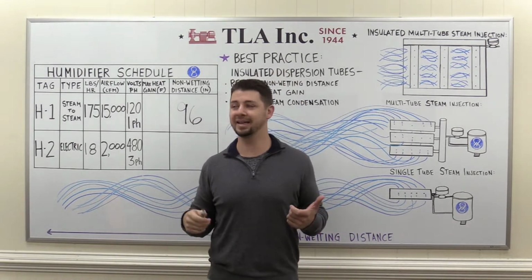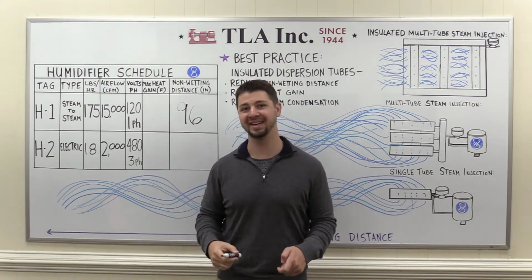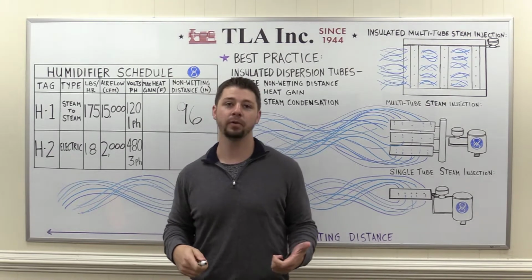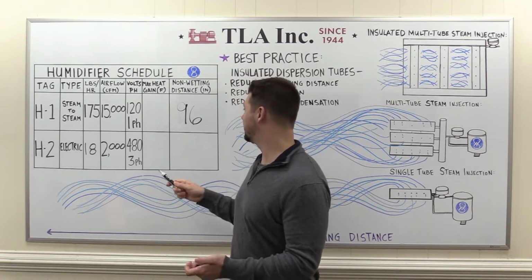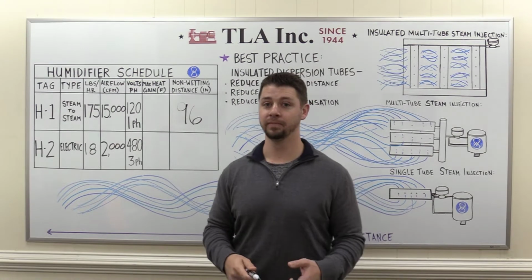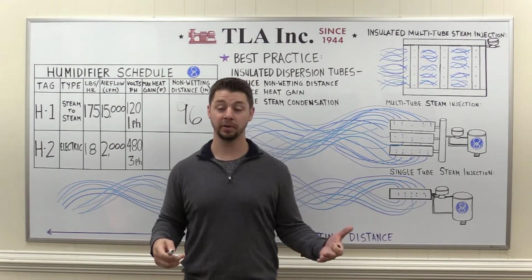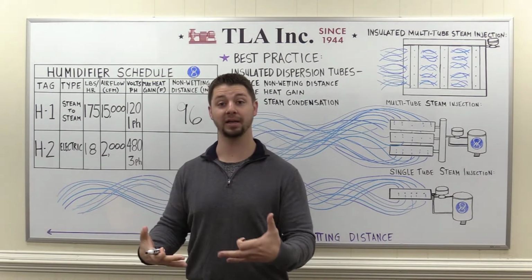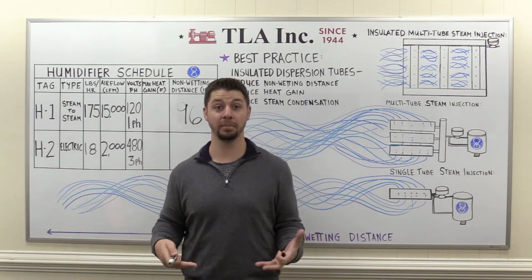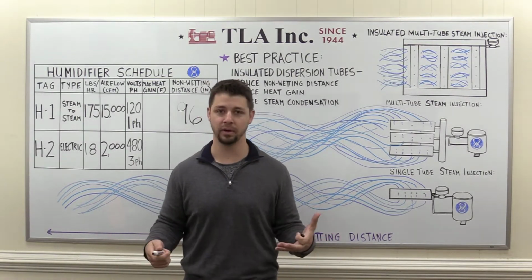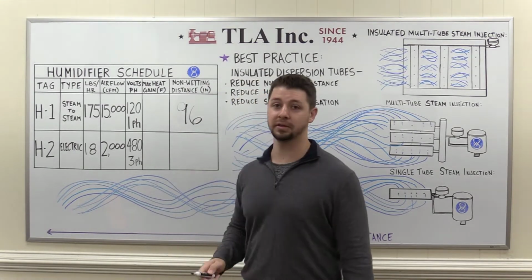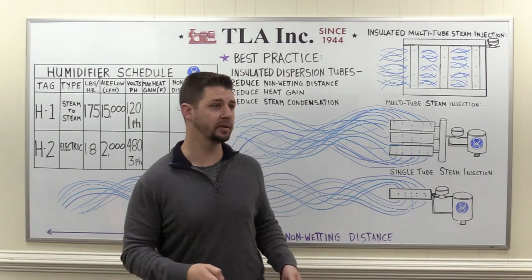The key is, I think it's more intuitive when we say non-wetting, because if you were to say, okay, my non-wetting distance is 96 inches, and we have a duct turn 3 feet after dispersion, well, guess what? We're going to start raining inside of that duct, and we start making a river out of our ductwork. We don't want that. So that's another key characteristic to scheduling this.